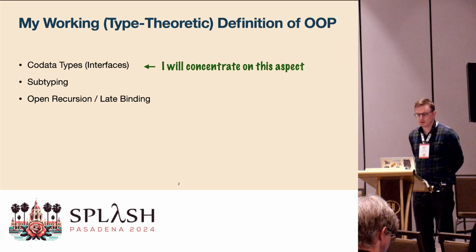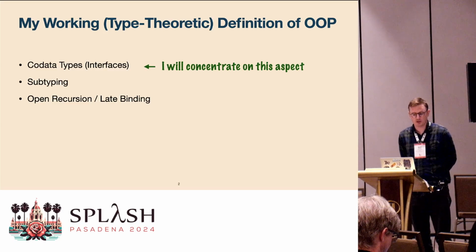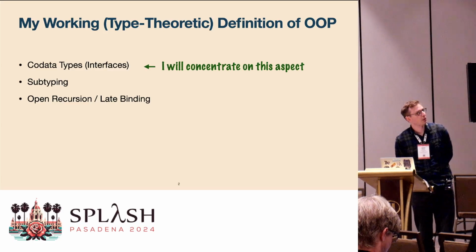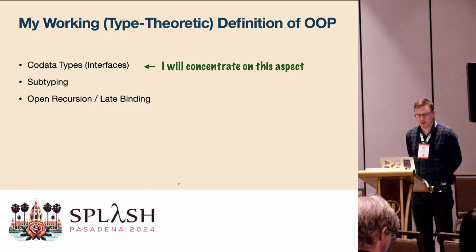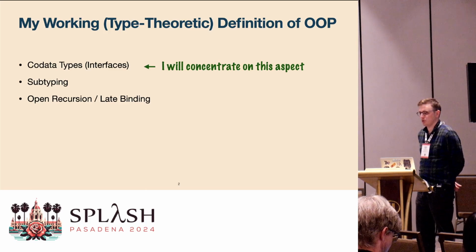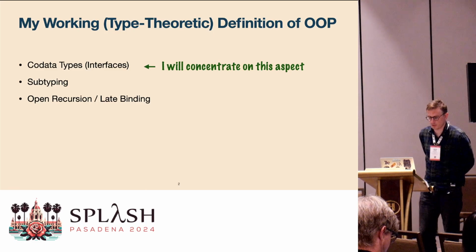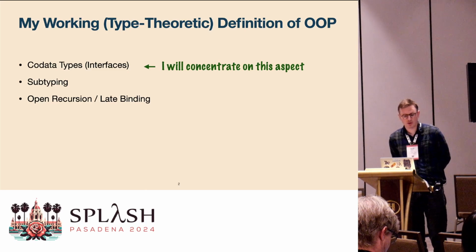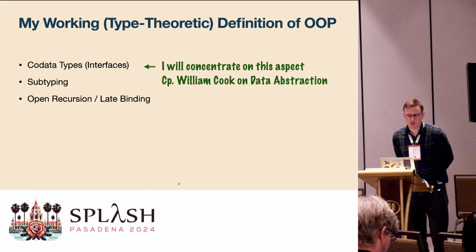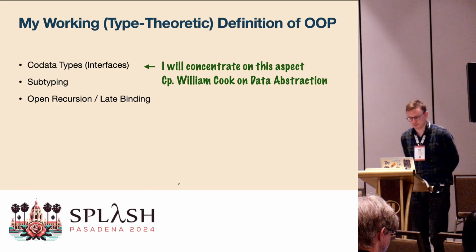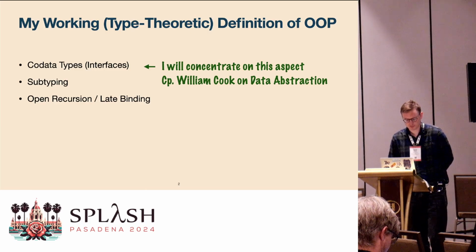But in this talk and in the paper, we will concentrate on the first aspect, which is strongly related to the extensibility and modularity properties which distinguish functional programming from object-oriented programming. If you're interested in this, there is prior work by William Cook on the problem of data abstraction.